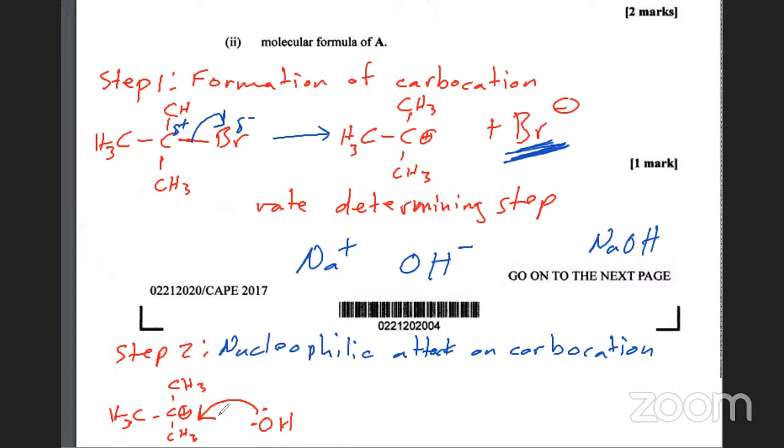Why am I using curved arrows and not fishhook? Because two electrons are going, not one. We only use fishhooks if you are transferring a single electron. So at this point, we will get our alcohol.